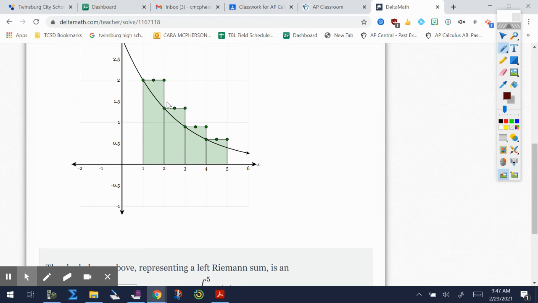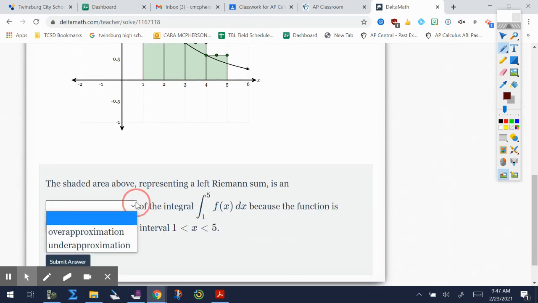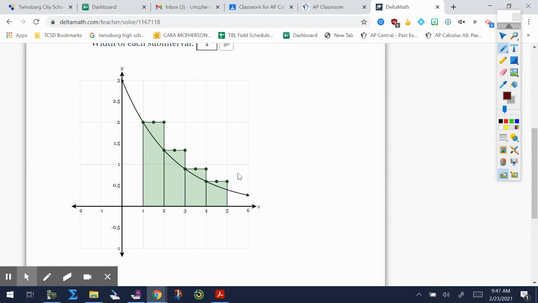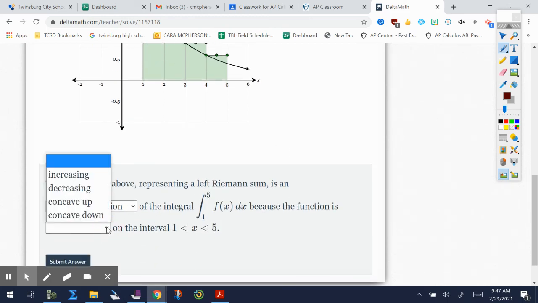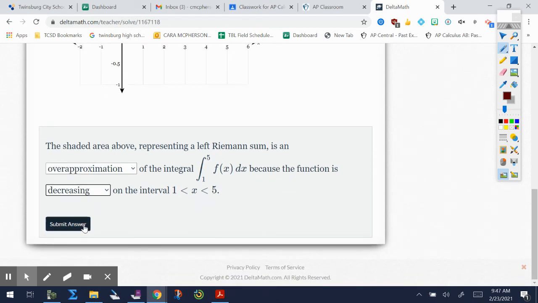And notice that this is over approximating. The reason it's over approximating is my graph is decreasing and I'm using the left side. So the left side's always higher than the right side if I'm decreasing. So we would say this is an over approximation because this left Riemann is working with a decreasing graph.